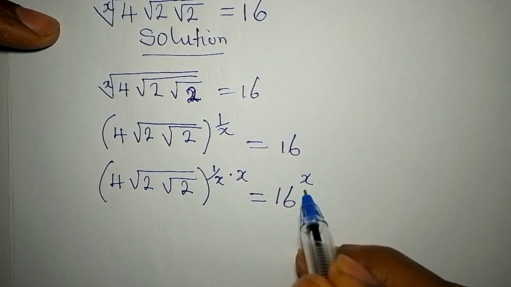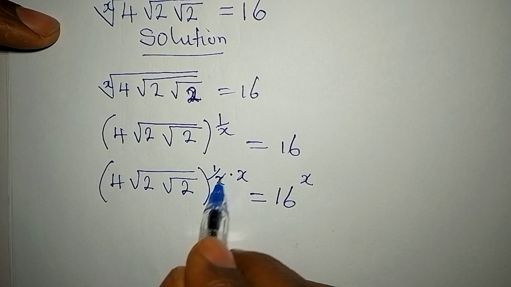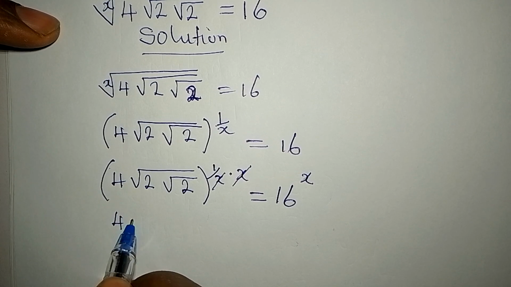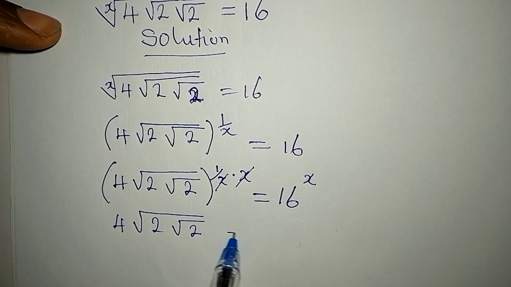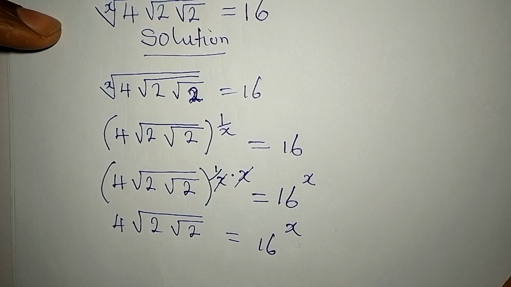So here we have the same power of x reflecting. This can go with this. Now we have 4 root 2 root 2 equal to 16 to the power of x.